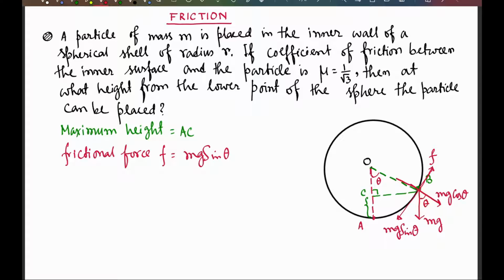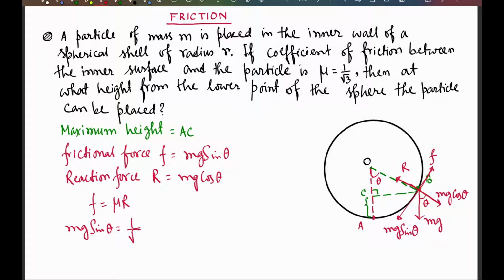This is the reaction force R. As the particle remains at rest at point B, the reaction force, this is the normal reaction, is equal to mg cos theta. So we know that friction F is equal to mu into R. So mg sin theta is equal to 1 by root 3 mg cos theta.